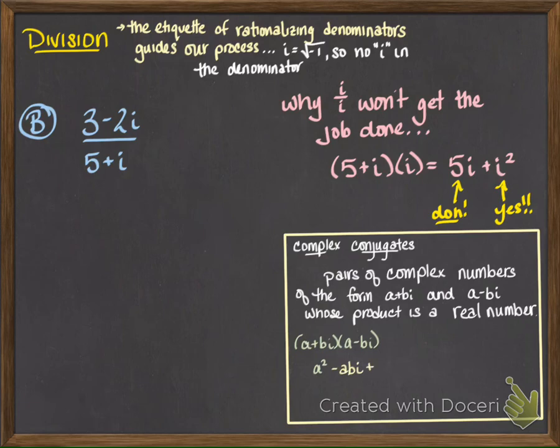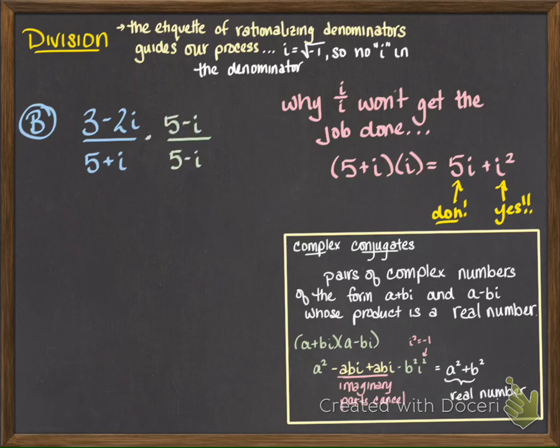So thinking about what happens here, when I distribute that, the middle terms end up canceling each other out. Those middle terms are what create the imaginary part when we multiply. So all I'm left with is a squared plus b squared, after i squared being acknowledged to be -1 plays in, which is just a real number. So choice, we're going to multiply by 5 minus i over 5 minus i. It's a creative use of the value of 1.